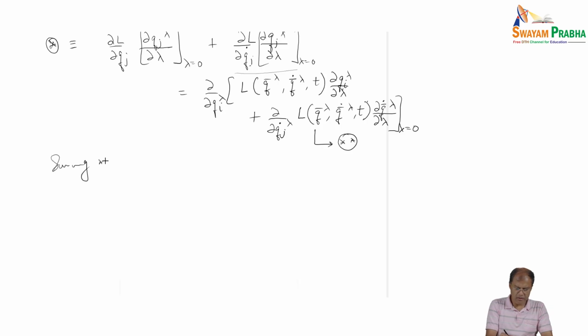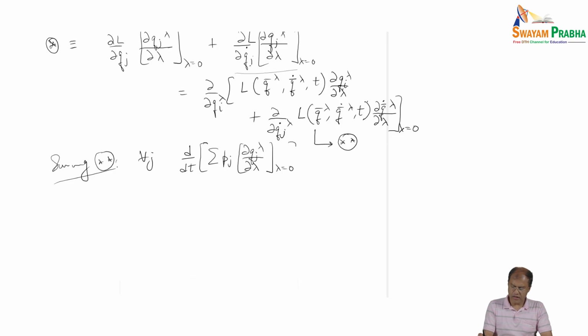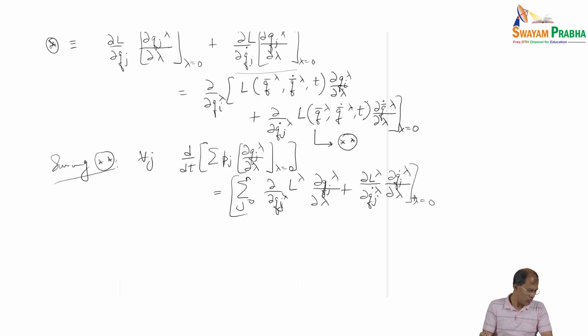Summing double star, we get that for all j, the time derivative of the generalized momenta, summation p_j partial q_j(lambda) by partial lambda, at lambda equal to 0, is going to be the same expression here: summation j from 1 to n of partial L by partial q_j(lambda) times partial q_j(lambda) by partial lambda, plus partial L by partial q dot_j(lambda) times partial q_j(lambda) by partial lambda. Again this is at lambda equal to 0.